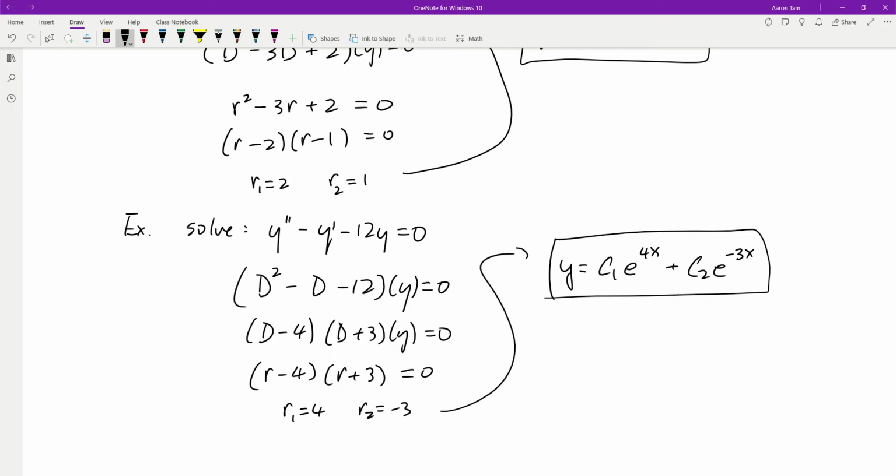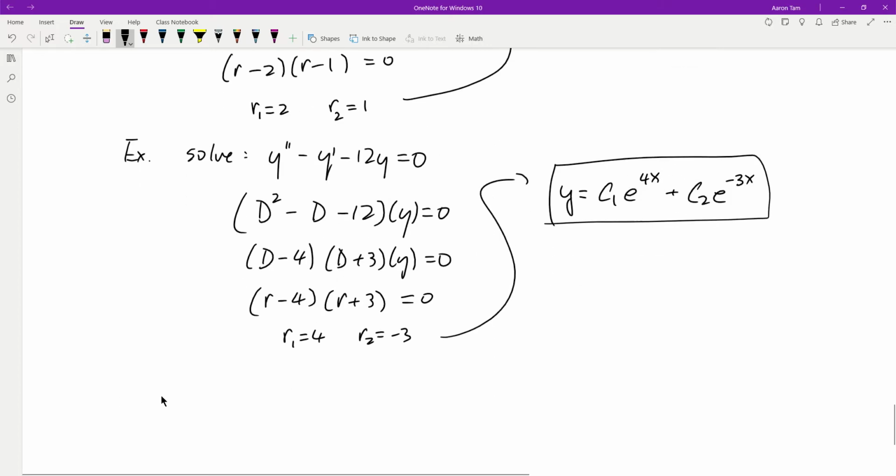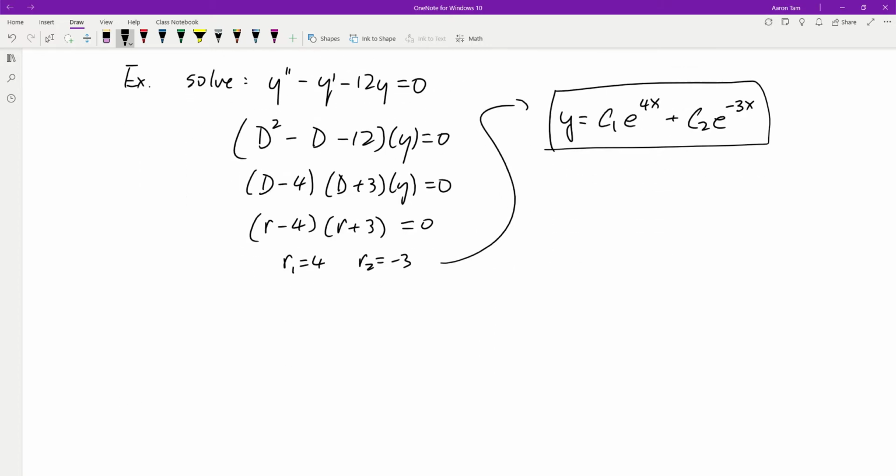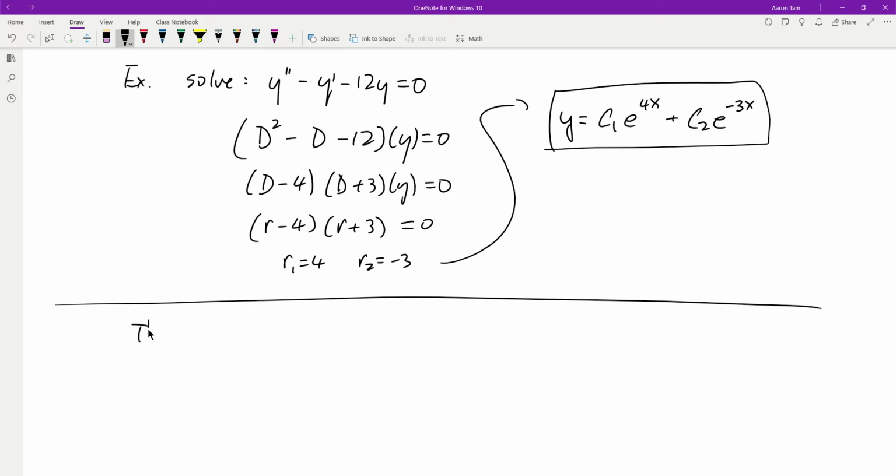When we try to solve a problem, like a word problem, we're going to try to turn it into a constant coefficient differential equation and therefore make it a lot easier for us to actually do the problem. Now, this is probably the last thing I want to show you, and then that will be it for this video. It will be a theorem that summarizes this process.